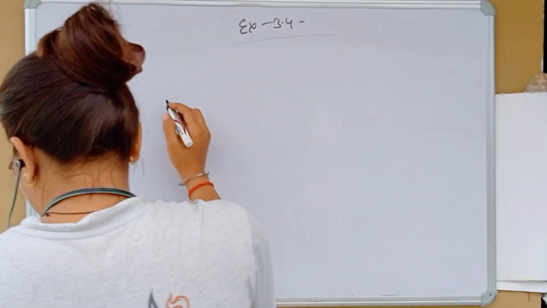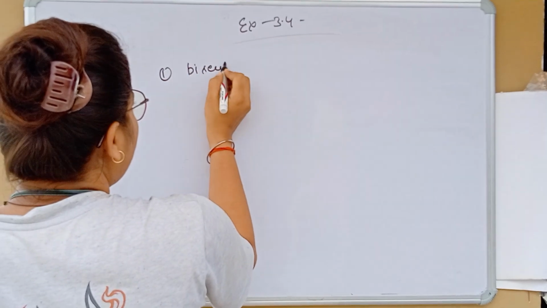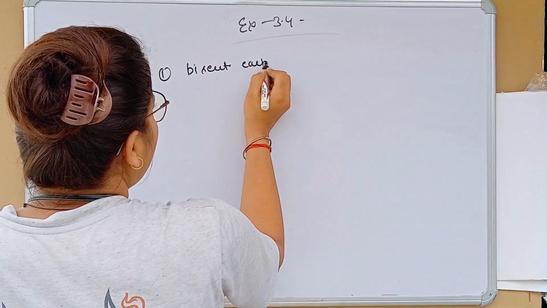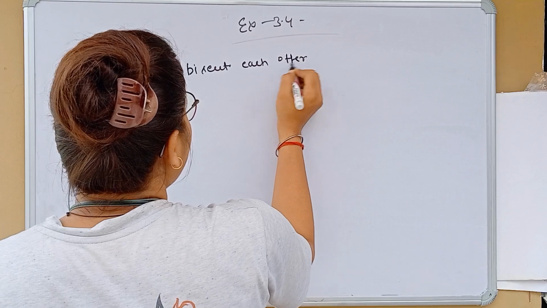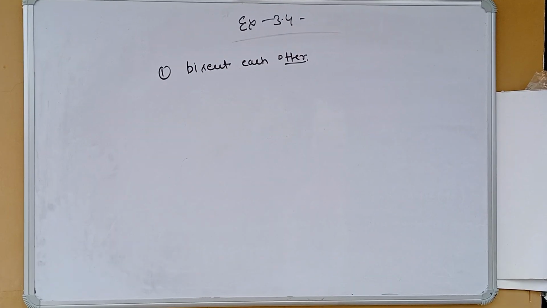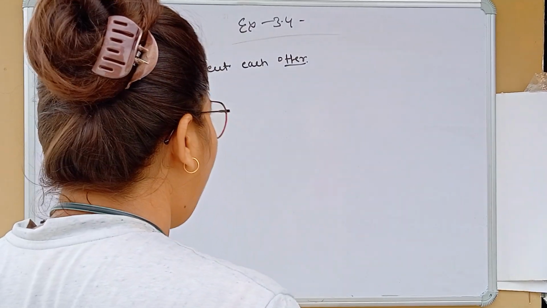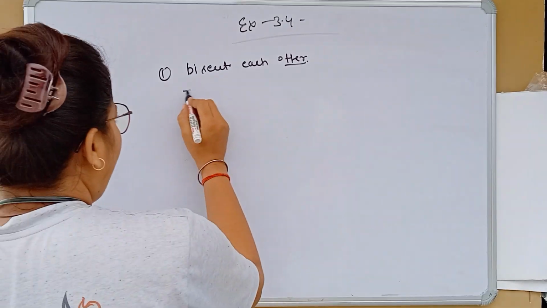So here write: first, it says bisect each other. In quadrilaterals we understand the property that their diagonals bisect each other. So we understand one by one.